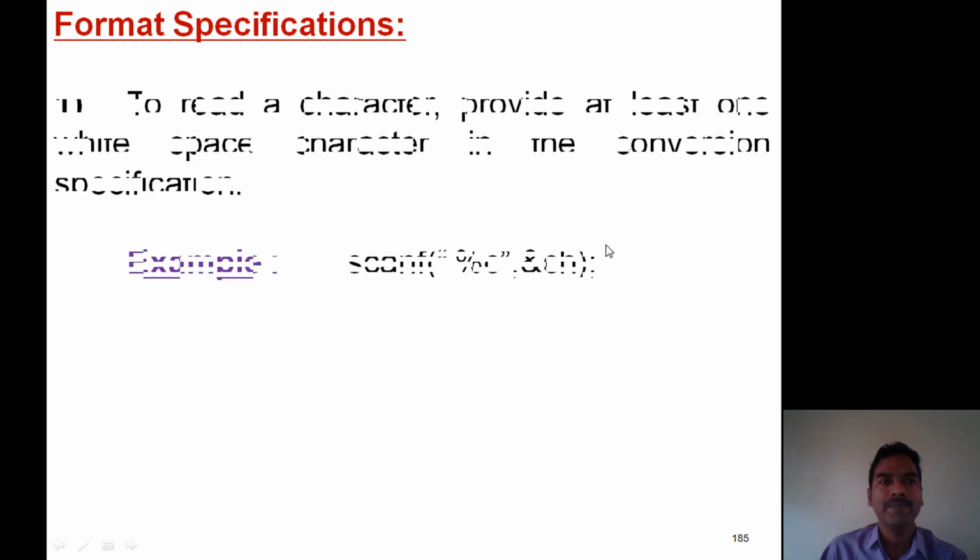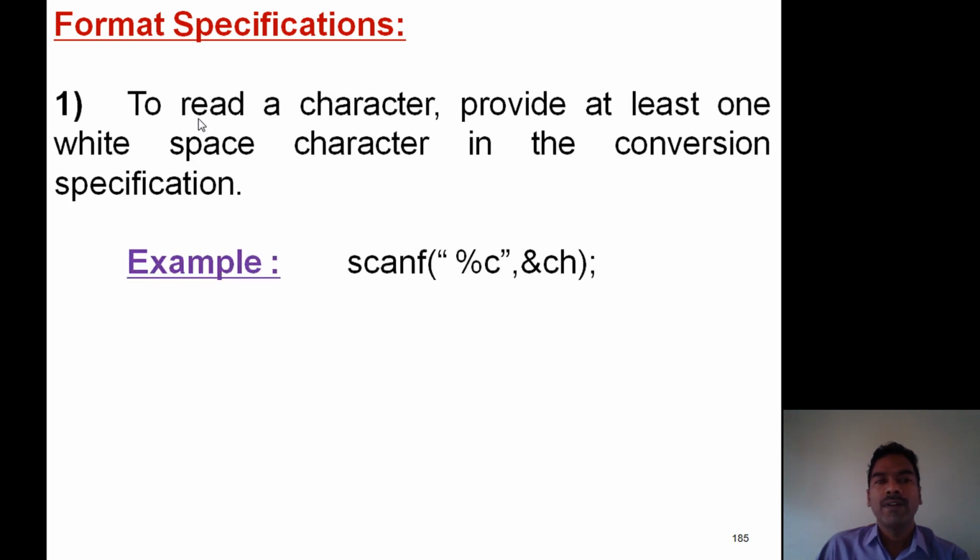The first one: while reading a character, it is better to provide at least one white space character in the conversion specification. That means, for the control string that refers to the character data type, %c, when we are typing %c, before this provide one space. Why?